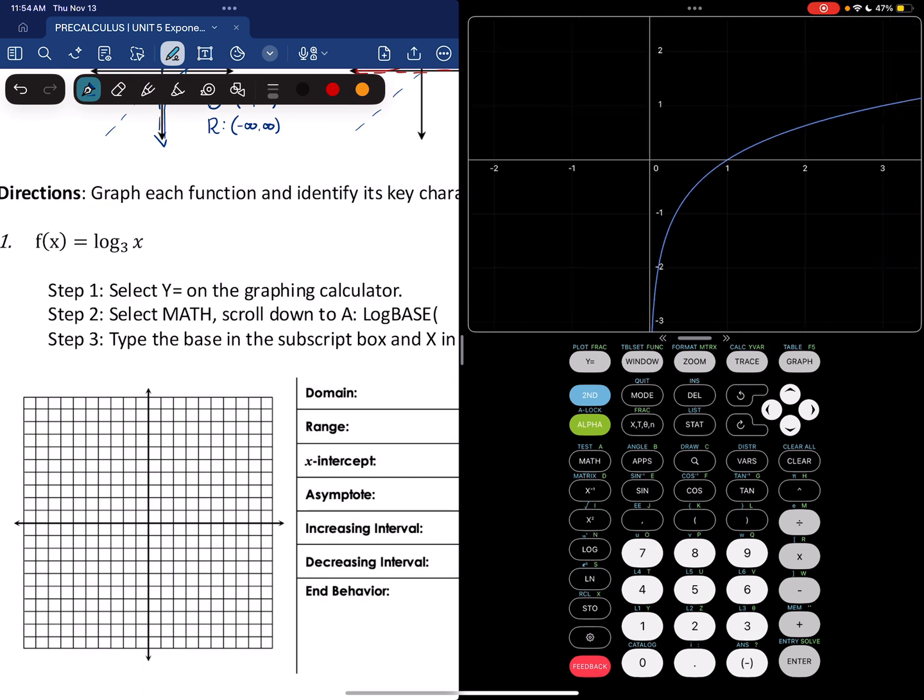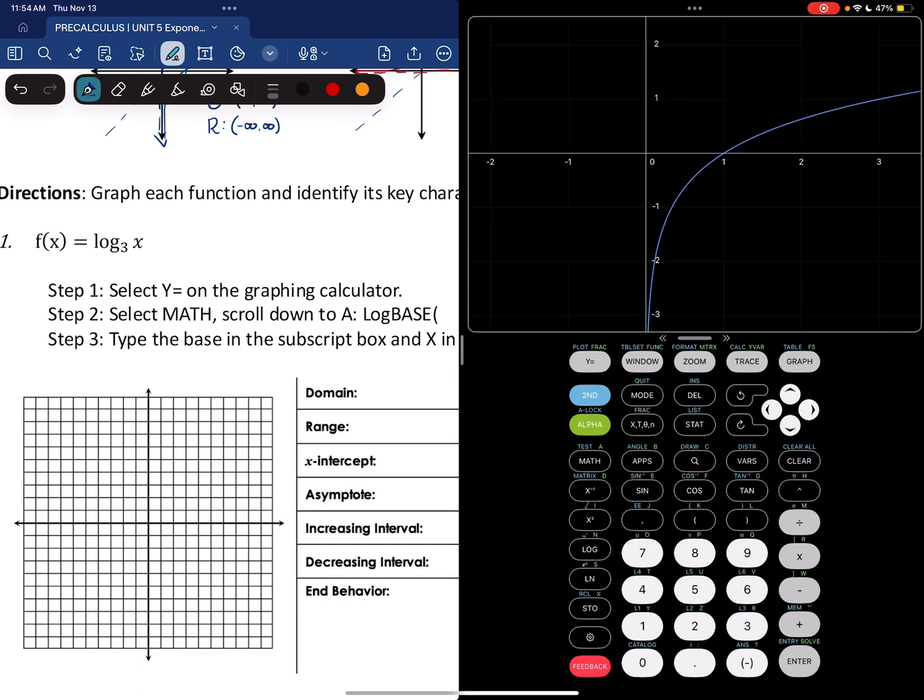All right, so there is our function. We can see that it is certainly crossing at 1, that we are going to have a vertical asymptote, which I'm sketching here on my y-axis, so that's at x equals 0.